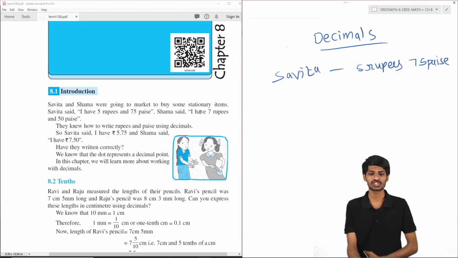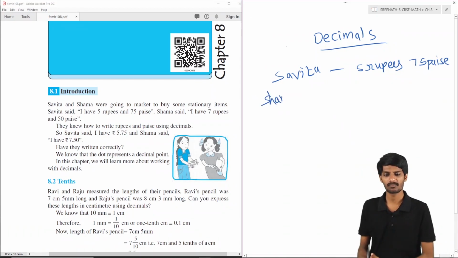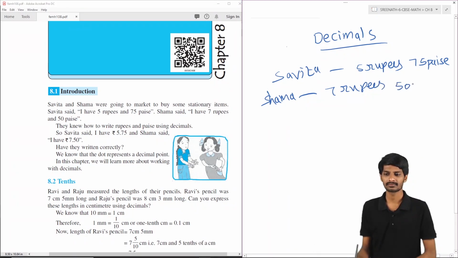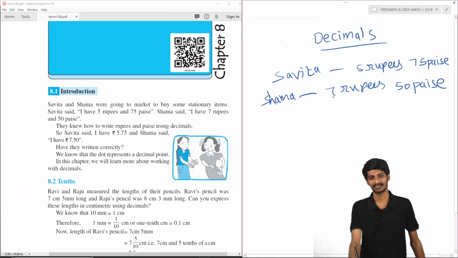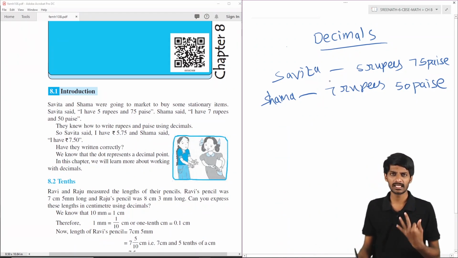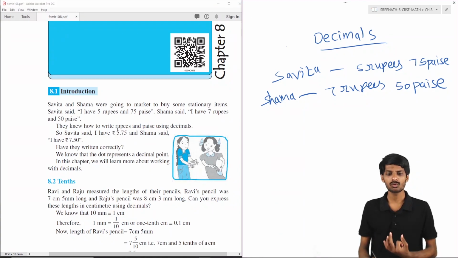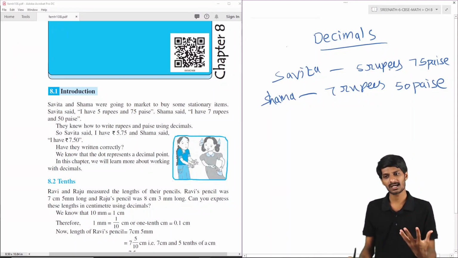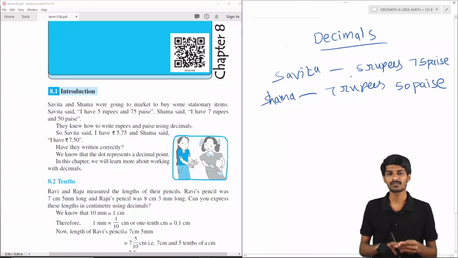And what is Shyama telling? Shyama is telling that she had 7 rupees and 50 paisa. Okay students, so they know how to write rupees and paisa together in terms of decimals.